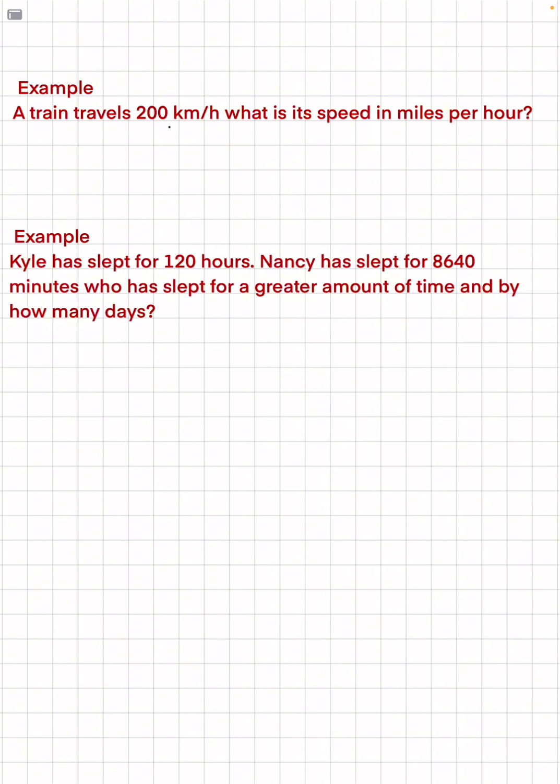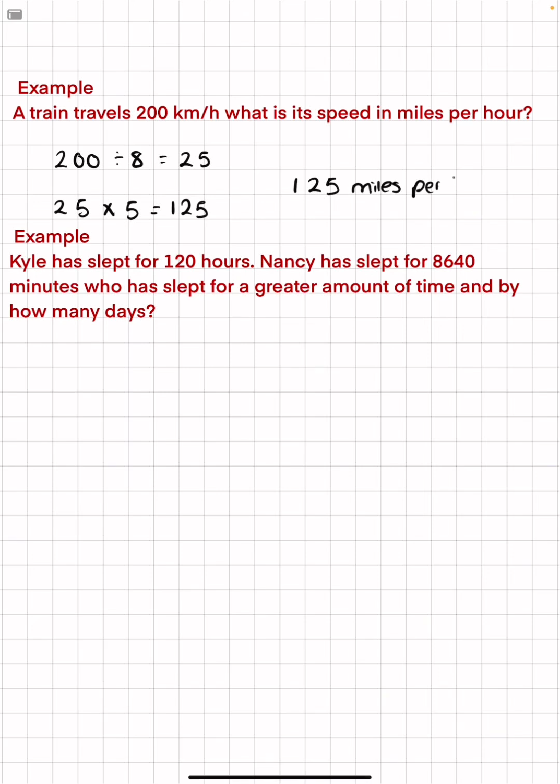To convert kilometers to miles, we divide by 8 first, then multiply by 5. 200 divided by 8 equals 25. 25 multiplied by 5 equals 125. So the answer is 125 miles per hour.